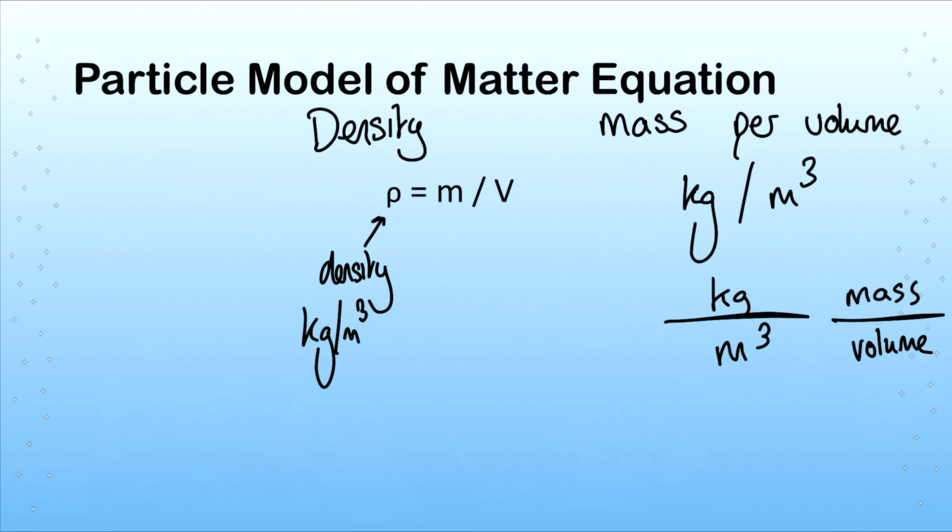It can be in other units, like grams per centimeter cubed, whatever you're asked to calculate. But if you're not told, I would go for kilograms per meter cubed. Mass here is in kilograms once again, and volume is in meters cubed. There we go.